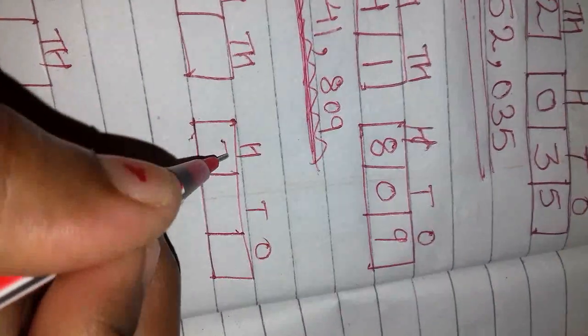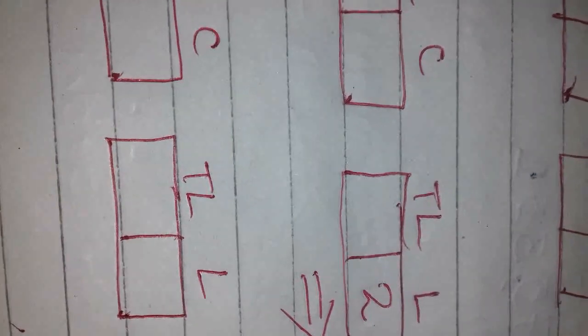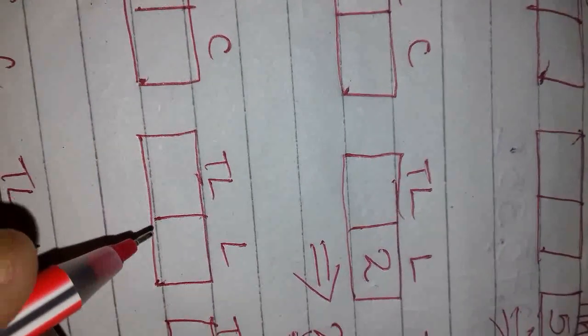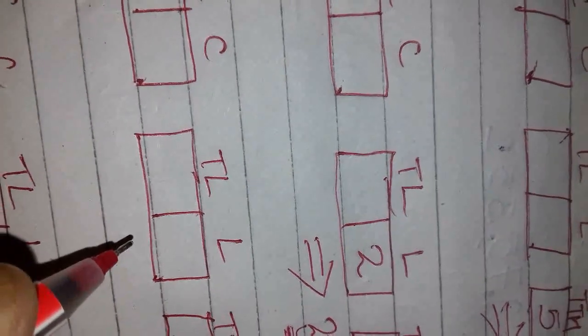So let us see how we will write this in period block. At ones period we have 521. Then at 1000 period we have 53,000, so 5 at 10,000 and 3 at 1,000. In lakh period we have 74 lakh.